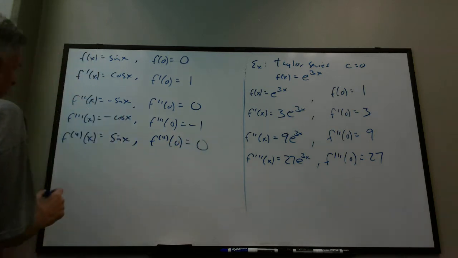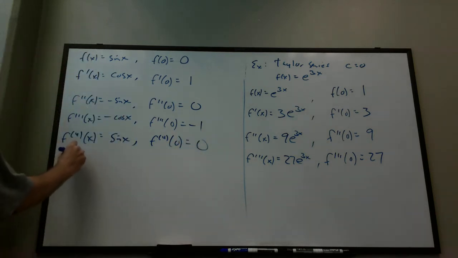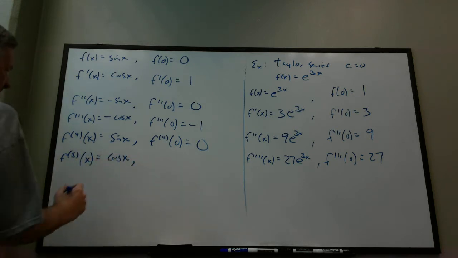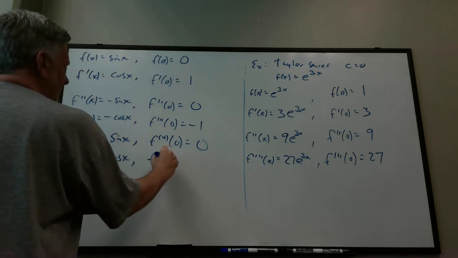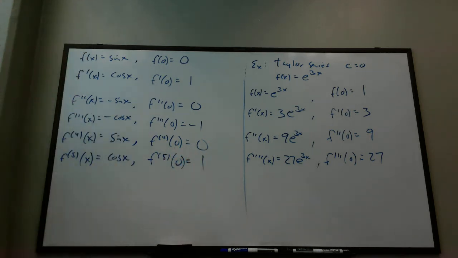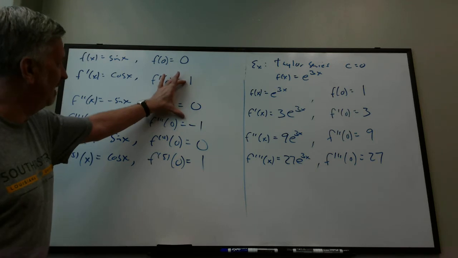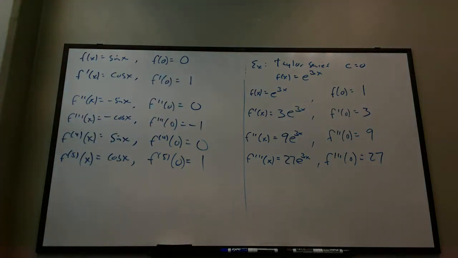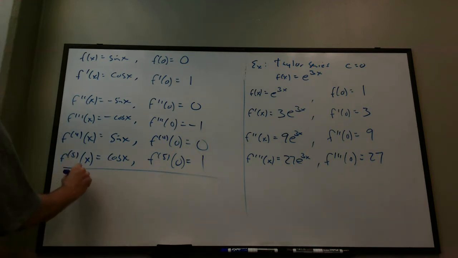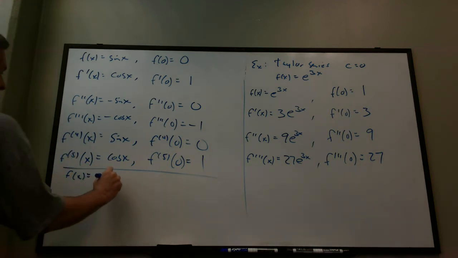Maybe we should do one more term, because we have too many zeros here. The fifth derivative is cosine x. And so the fifth derivative at 0 turns out to be cosine of 0, which is 1 again. So I added another term because we're only going to have two non-zero terms here. Okay, so now let's write the Maclaurin series for sine x.